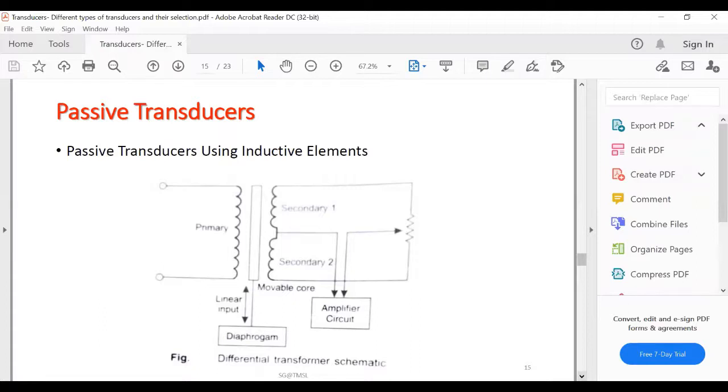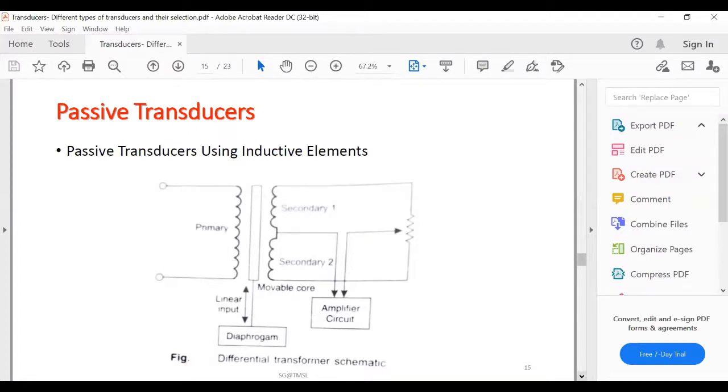The change in inductance in this type of transducer is not related linearly to the displacement of the coil. This difficulty is overcome using the linear variable differential transformer, the LVDT.